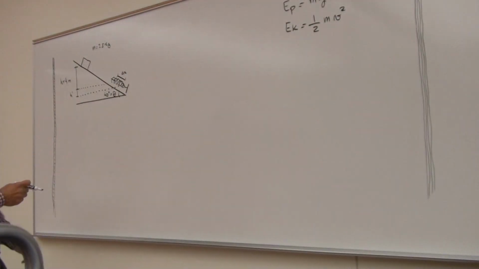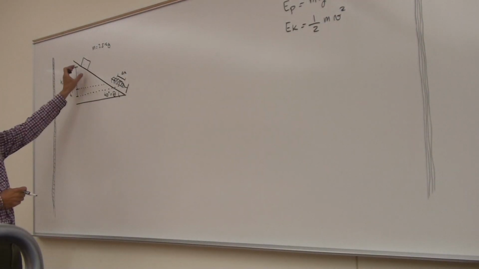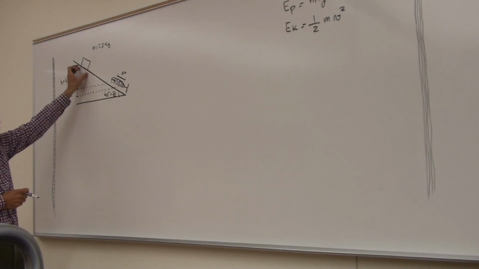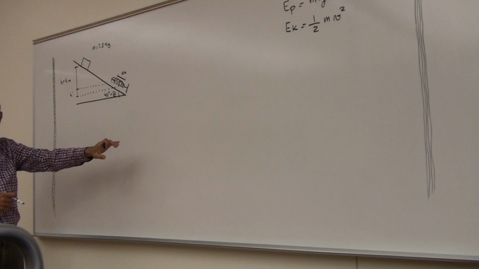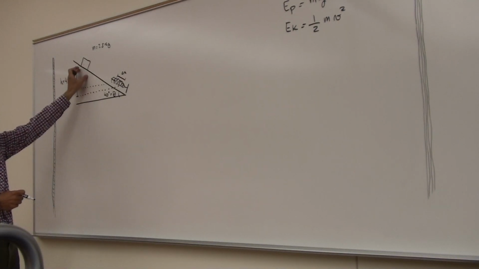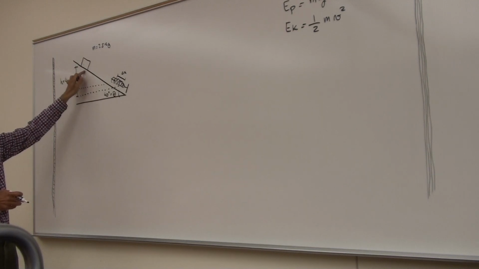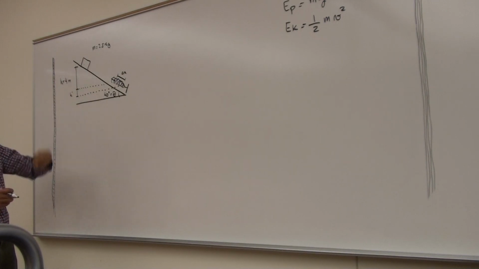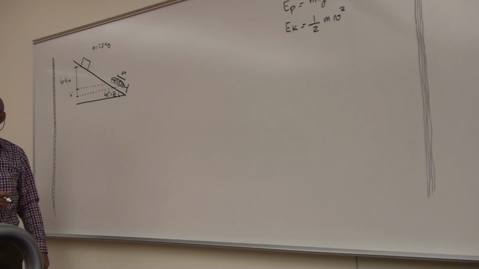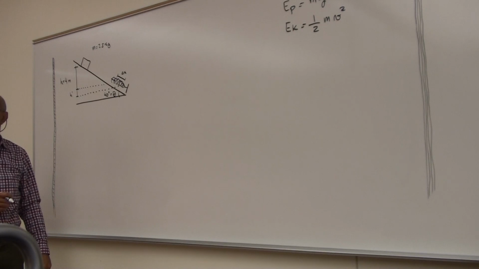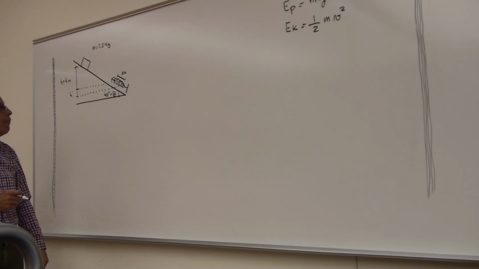Okay? Now here, I'm just letting the block slide down, right? I'm not giving any velocity here. There's no initial velocity. So at this point, what would be the potential energy of this block? Mass times the gravity.